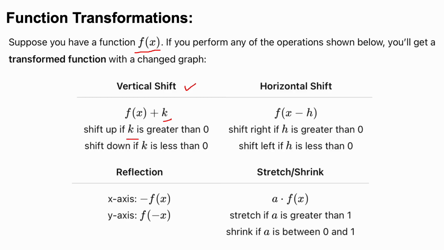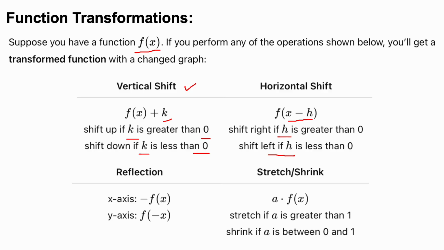If k is greater than 0, you are shifting up, and if k is less than 0, you are shifting the graph downwards. If you change inside the function, making x into x - h, you are doing a horizontal shift. If h is positive, you are shifting to the right, and if it is negative, you are shifting to the left.